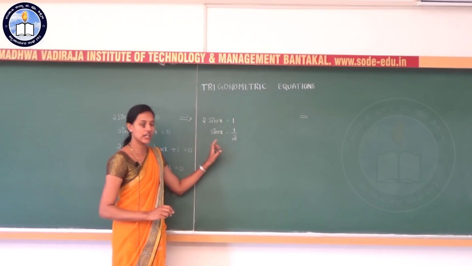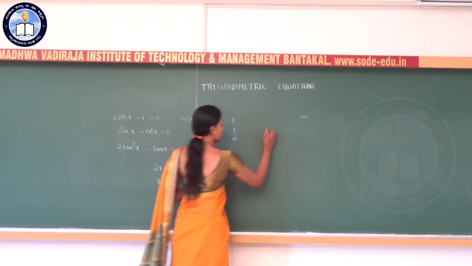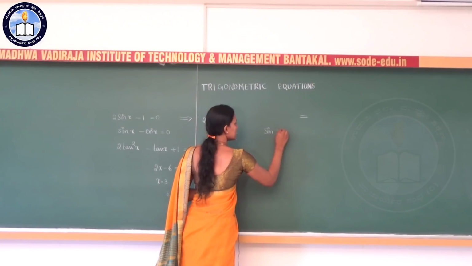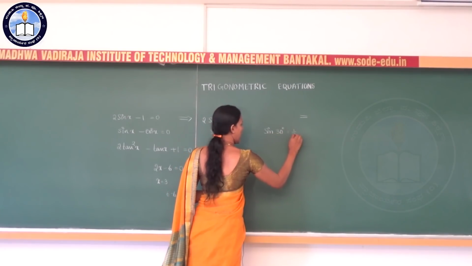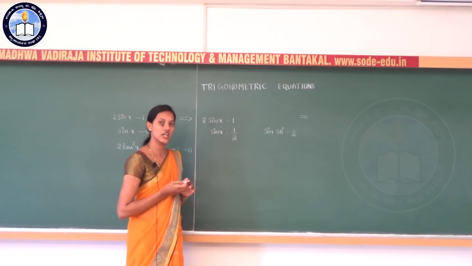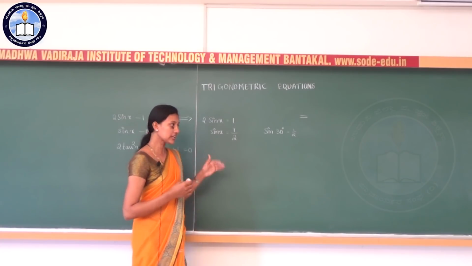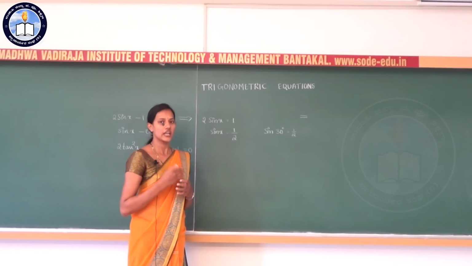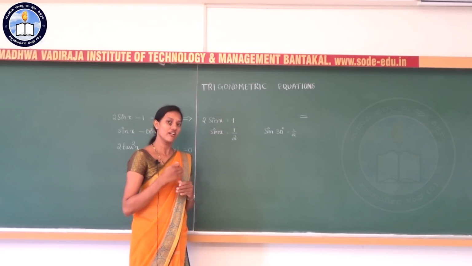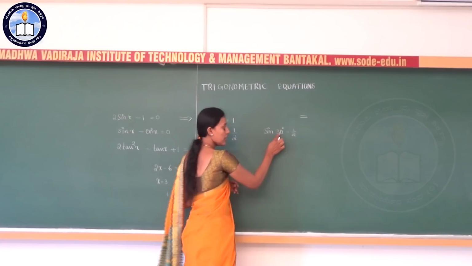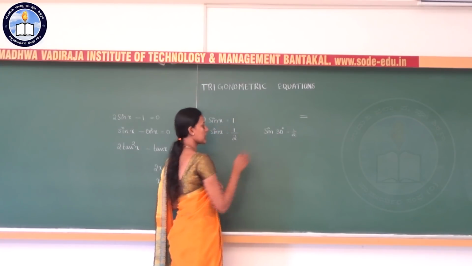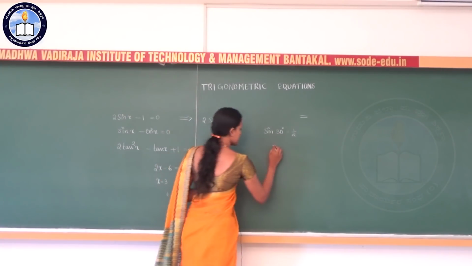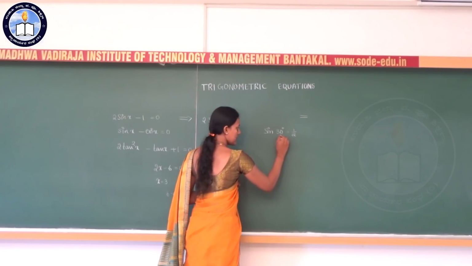Sin of what is half? We know that sin of 30 degree is half. But in this chapter, we have defined trigonometric functions for angles measured in radians. And therefore, we have to convert this 30 degree into radians, that is pi by 6.